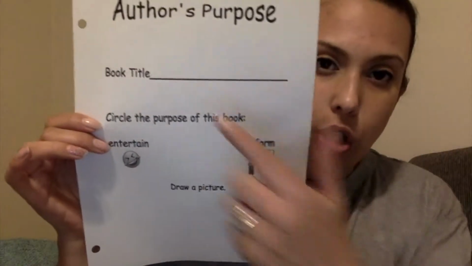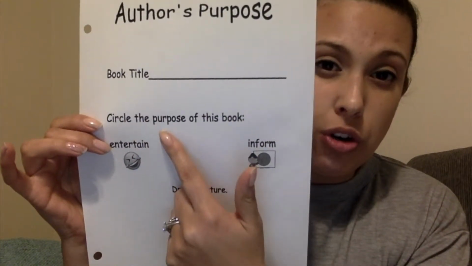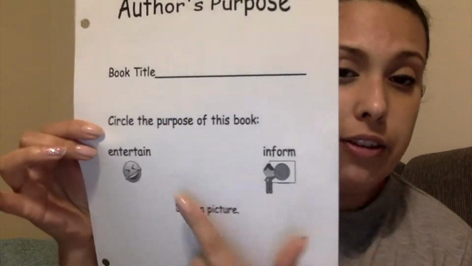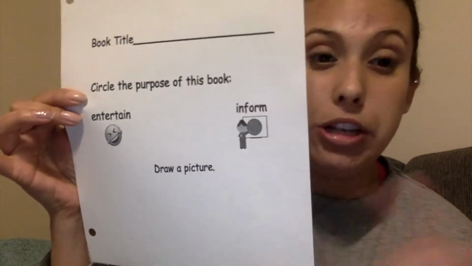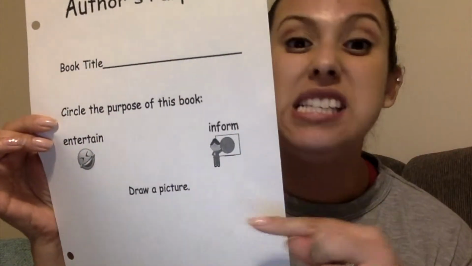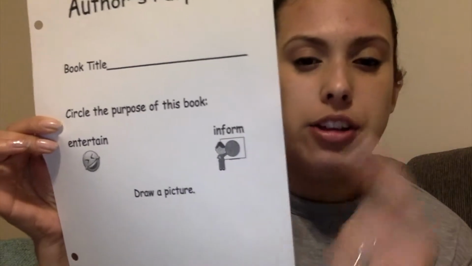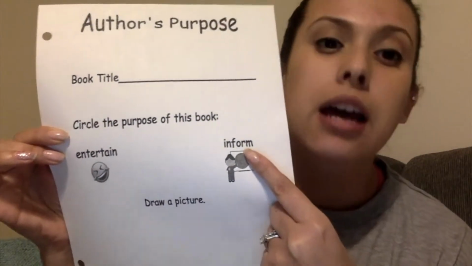It says author's purpose. They're going to write the book title, and then they're going to circle the purpose of this book, if it's to entertain or if it's to inform, and then they're going to draw a picture of why they think so. So one of my students drew a snake, and they said it was to inform, to explain it.